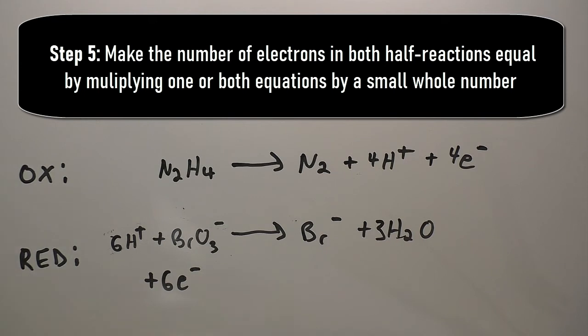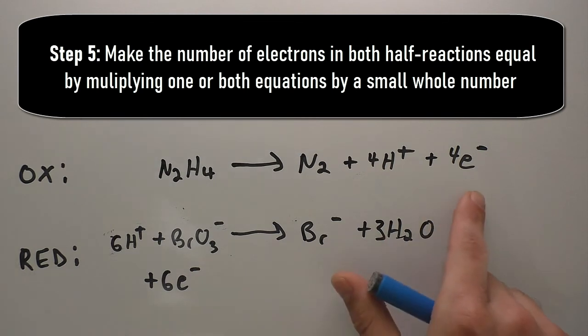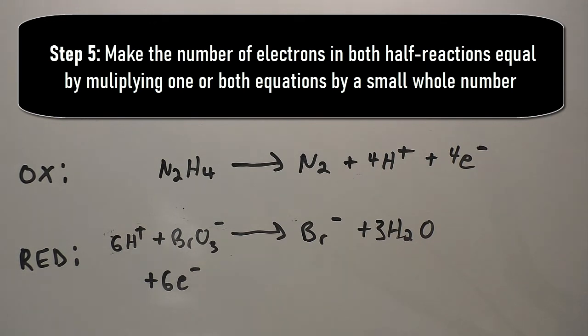We want the number of electrons, when it's all said and done, to be the lowest number that is divisible by both 6 and 4. So we want the lowest number of electrons that 4 and 6 can both cleanly divide into, right? And that number is going to be 12 electrons.